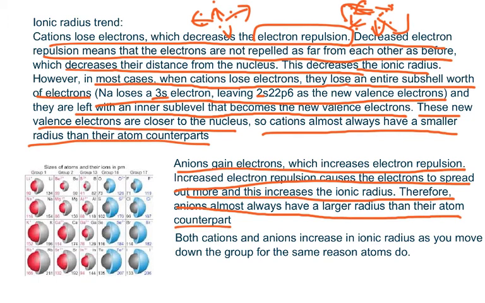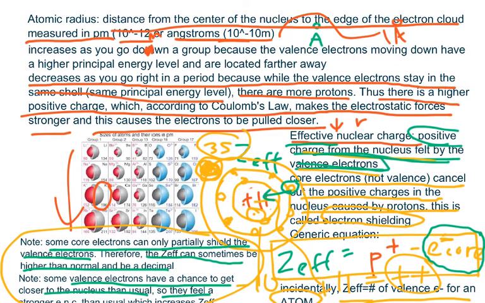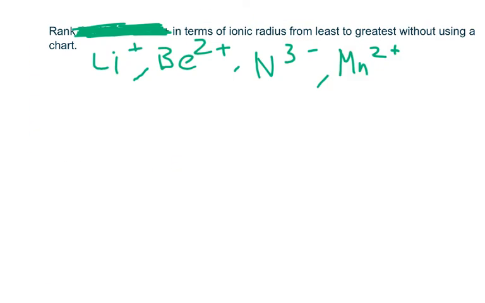And like atoms, both cations and anions increase in ionic radius as they move down the group for the same reason atoms do. And if you want to know why, just check out the previous slide where I talked about that. So let's rank these ions in terms of ionic radius from least to greatest without using a chart.